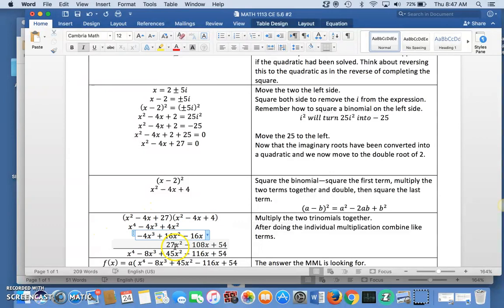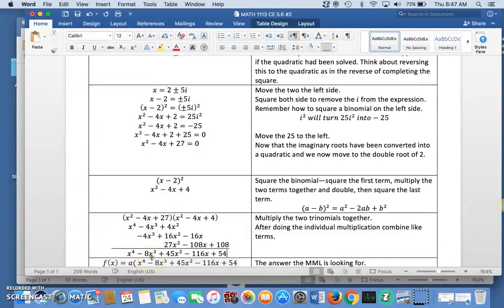Now we're going to do 27 times everything there. So we have 27x squared minus 108, and 27 times 4 is still 108. I like to set mine up like that because it kind of sets up the similar terms all the way through. There's nothing similar to x to the 4th.